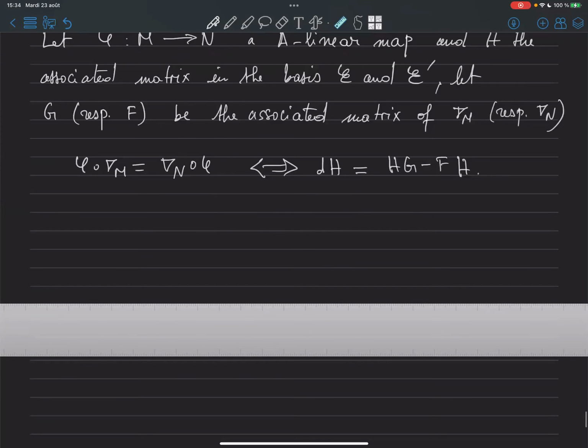We just need to write everything, and we will get it. This just means the derivation of each coefficient of h.